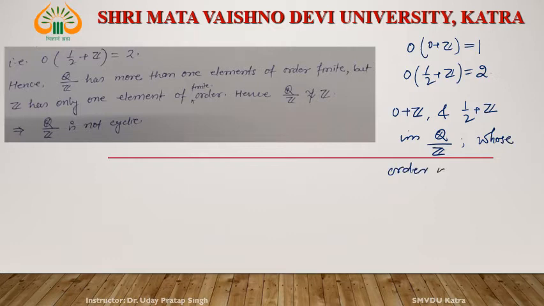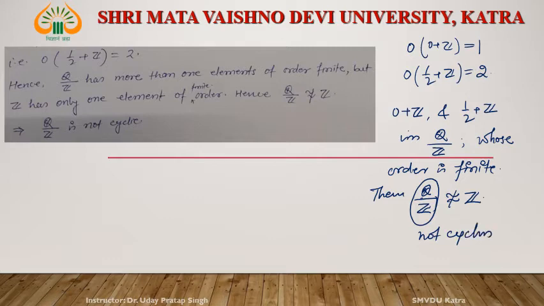Then Q by Z is not isomorphic to Z. If it is not isomorphic to Z, then this is not cyclic. Okay, same thing is here.